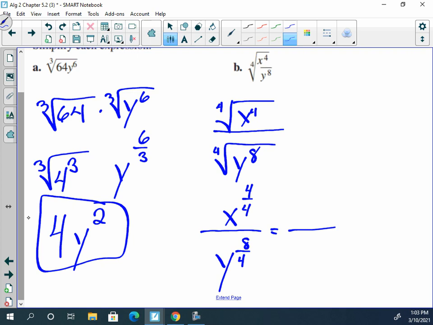Now these work out nicely to do this way, because 4 divided by 4 is 1, and 8 divided by 4 is 2. We have nice whole numbers, yes? So it's nice to do it this way, because we can see that we get these whole number answers. We'll have x to the 1st on top and y to the 2nd on bottom. So it works out nicely here. We'll come across some where they don't reduce all the way, and we'll see a different way we can look at it. What else do we need?